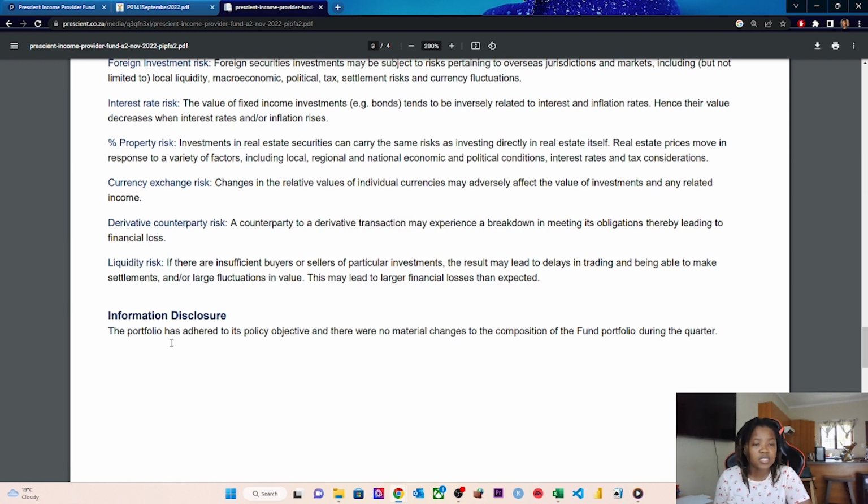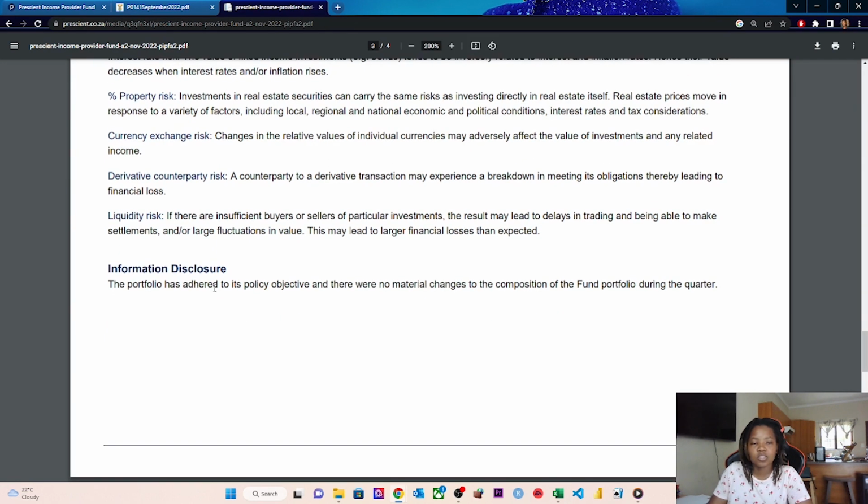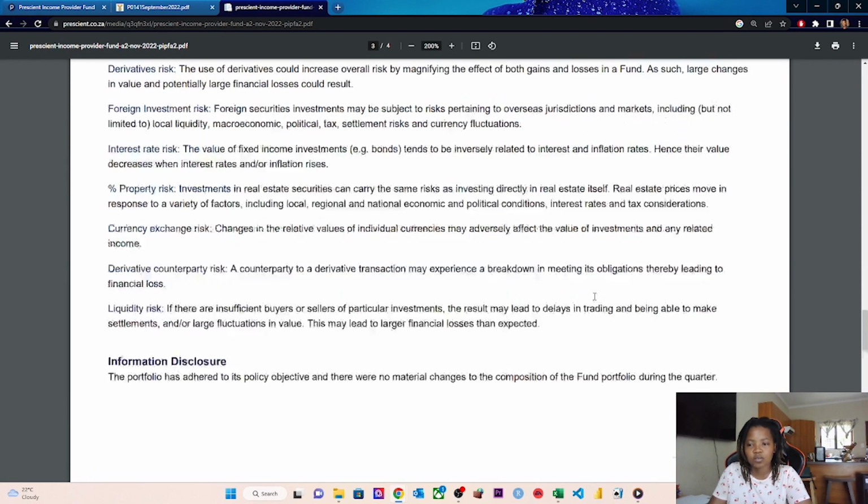And then you've got liquidity risk. If there are insufficient funds or buyers or sellers of particular instruments, bonds, the result may lead to delays in trading and being able to make settlements and or large fluctuations in value. This may lead to larger financial losses than expected. Okay, and then just a disclosure, the portfolio may adhere to its policy objective and there are no material changes to the fund of the portfolio during the quarter.